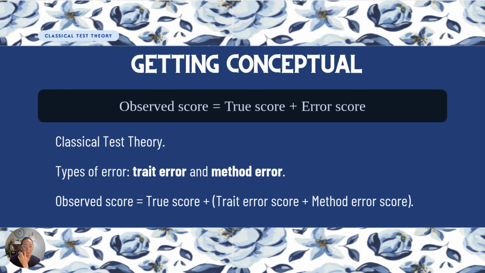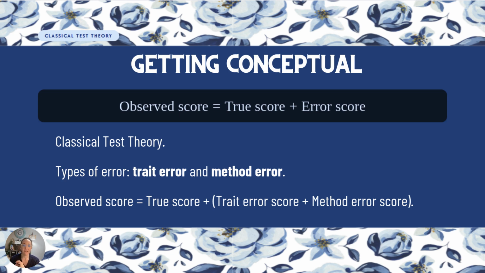If we expand on this error in some different sources, we see trait error and method error. So we're going to include those in. But the basic idea stays the same. Don't let me lose you, all right? Trait error is going to come from the person. Maybe they're tired, anxious, distracted.